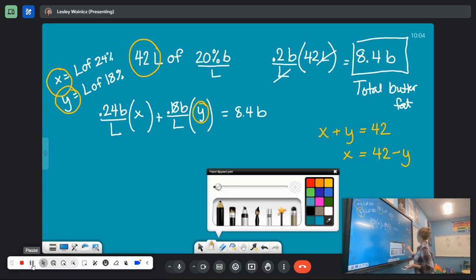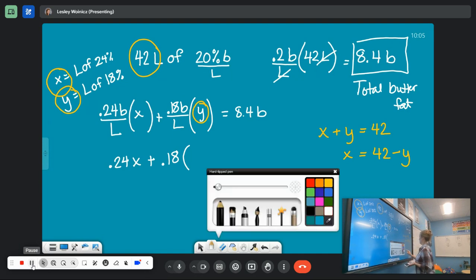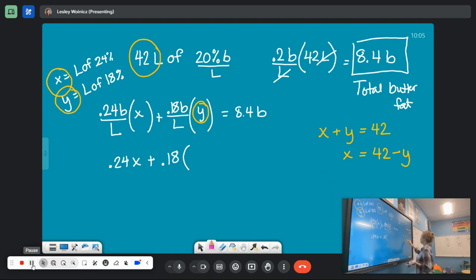Okay, so I have 0.24x plus 0.18 times, replace, oops, I solved for the wrong variable again. I didn't want to solve for x, I wanted to solve for y.